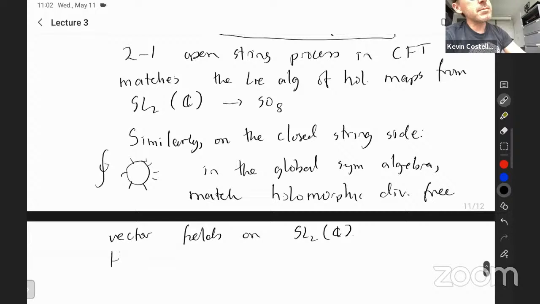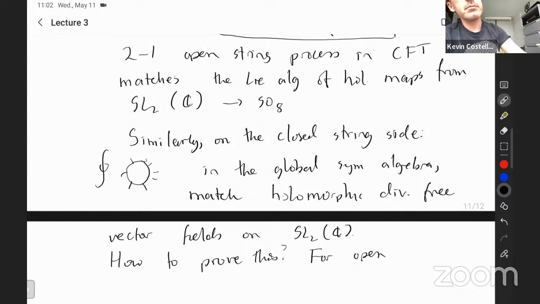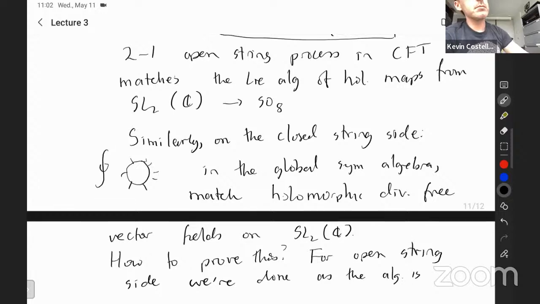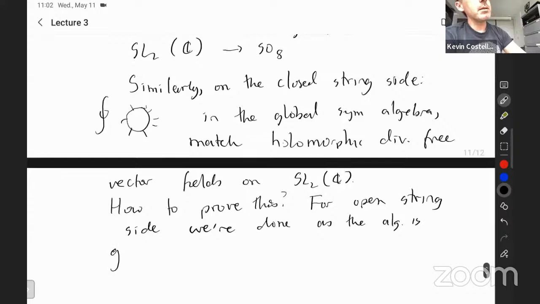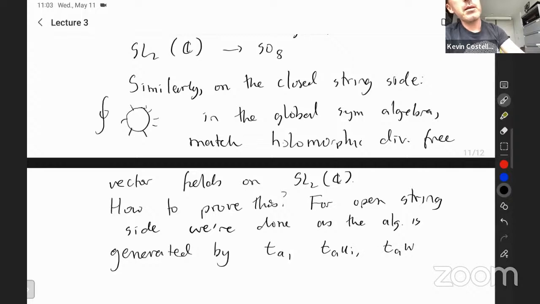So how would we prove this? So for the open string side, we're done. Because the algebra is generated by TA, TAUI, TAWI.